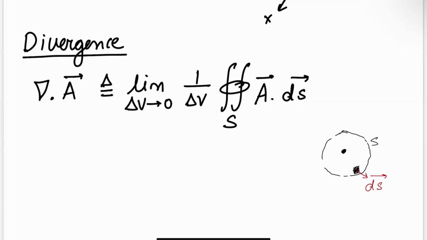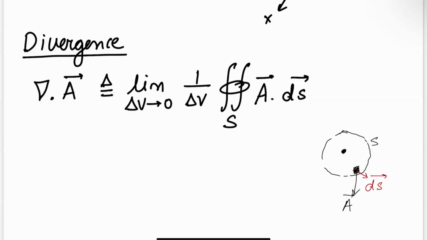So what you're trying to see is, on this patch, if I look at the vector A, say the vector is in this direction, A. By taking the dot product of this A with this ds vector, you're essentially trying to see how much of this vector A is leaving that patch, right?